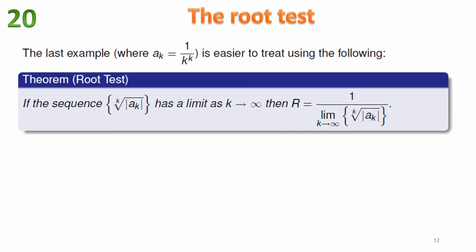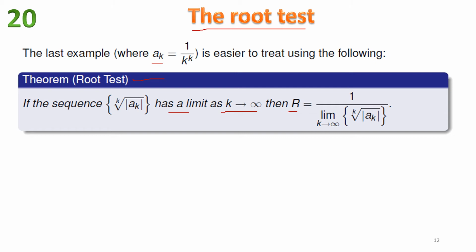For the kind of problem that we have discussed just now, we should run a root test, and whenever we have a_k equal to 1 upon k to the k, it is easier to use this root test. What this root test theorem says is, if the sequence of kth root of mod of a_k has a limit as k approaches infinity, then the radius of convergence is equal to 1 upon the limit as k tends to infinity of kth root of mod of a_k.